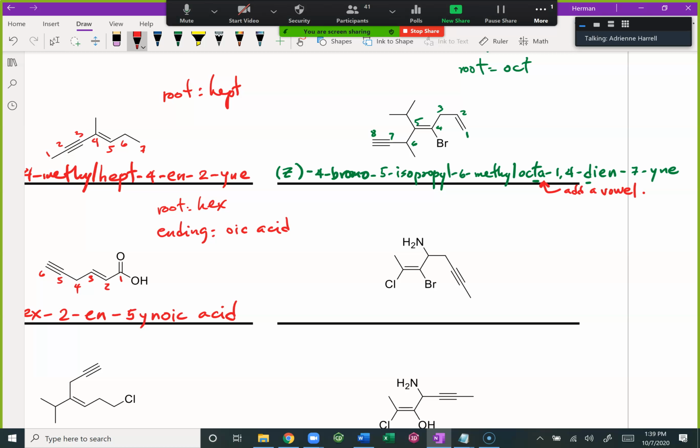I have, it's a Z, correct? Yes, it's a Z. And then I have 3 bromo, 2 chloro. Yeah. And then is this where I put the root for like oct? Yeah, 3 bromo, 2 chloro, and then oct is your root. Okay.